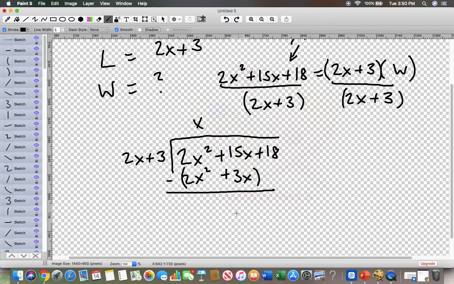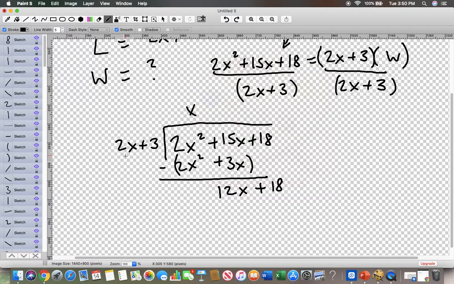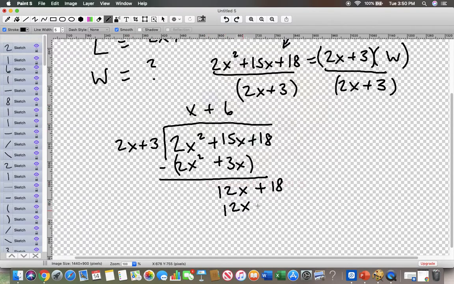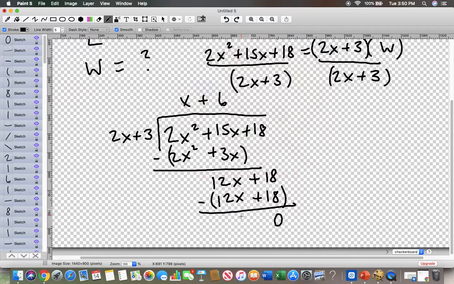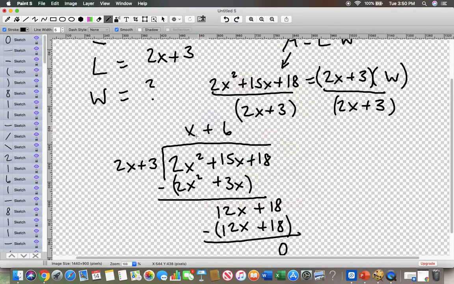Subtract. 15 minus 3 is 12x. Bring down my plus 18. 12x divided by 2x. Well, 6 times 2x is 12x. 6 times 3 is 18. Let's subtract. And I get a remainder of 0. Therefore, what is my width? x plus 6 is my width.